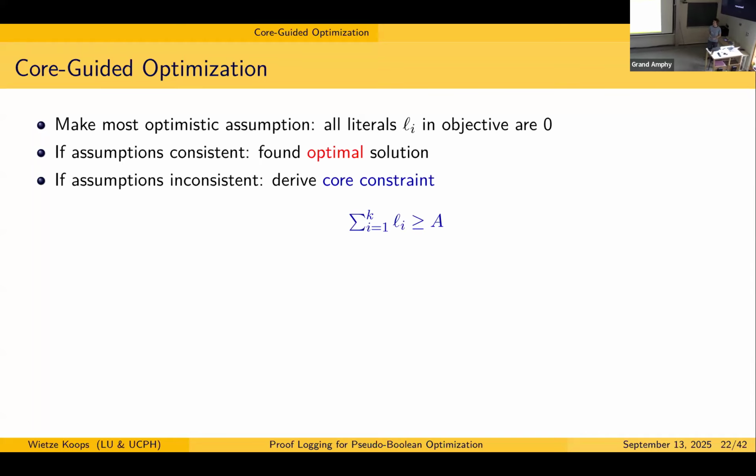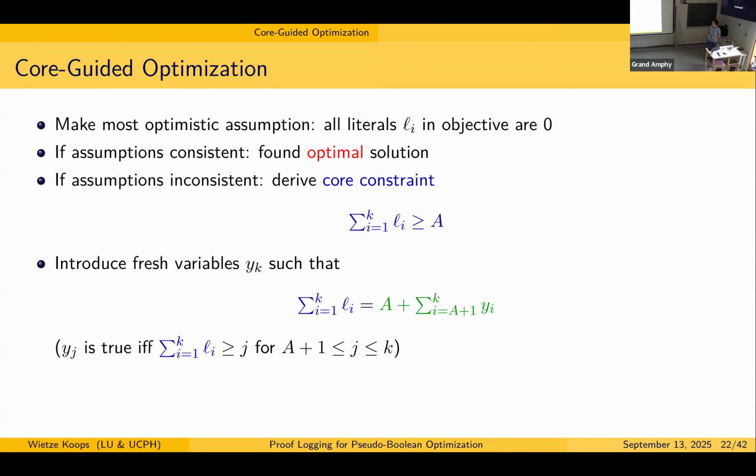Then we're going to derive this core constraint. We're always going to pre-process this constraint so that it is a cardinality constraint, which means it's just a sum of literals without coefficients that is at least some right-hand side. Now we're going to make this inequality into an equality.